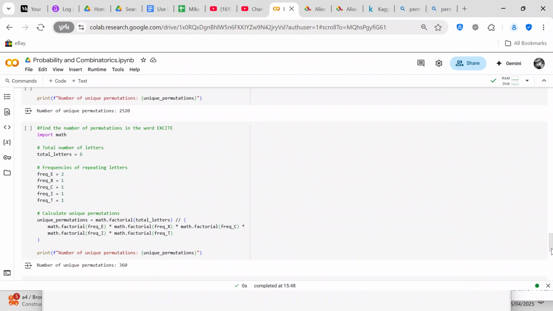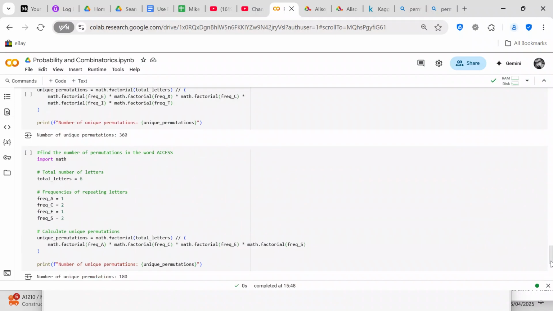And then you calculate the unique permutations. So unique permutations equals math.factorial total letters, floor division, math.factorial frequency E times math.factorial frequency X times math.factorial frequency C times math.factorial frequency I times math.factorial frequency T. And the total number of unique permutations is 360.